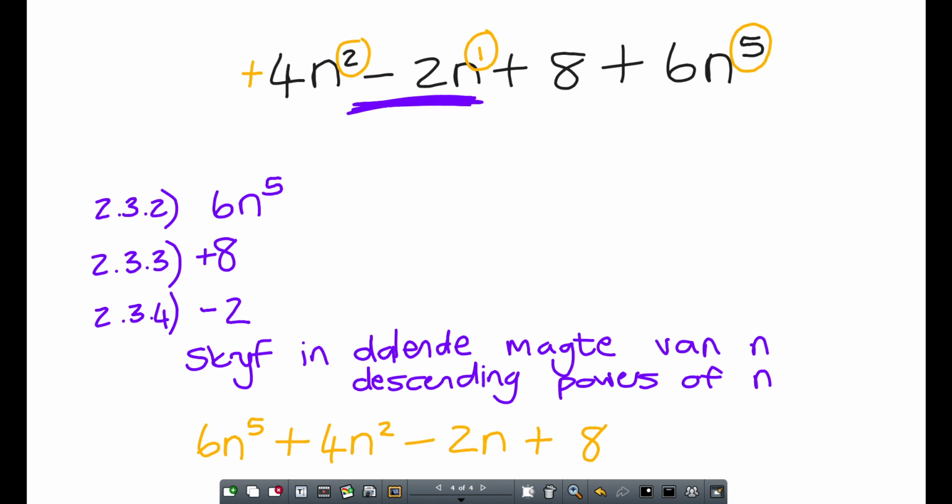Okay, goed, kan ons nog so 'n voorbeeld doen? Kom ons sê, 8 minus 12 plus 18.